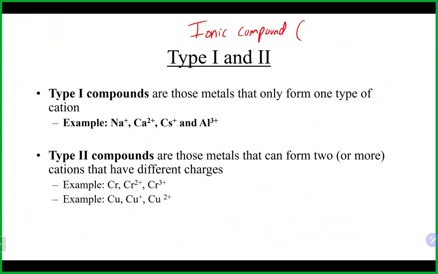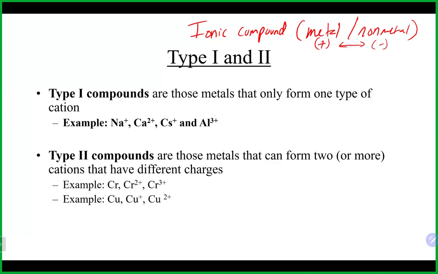And again, an ionic compound is always a metal and a nonmetal together. Again, as we talked about earlier, there is no sharing of electrons. Electrons have been transferred in this case, and it's the positively charged and negatively charged that basically hold that together.